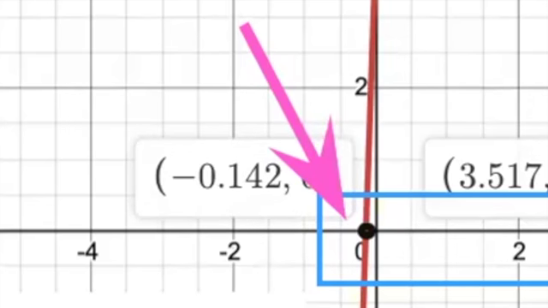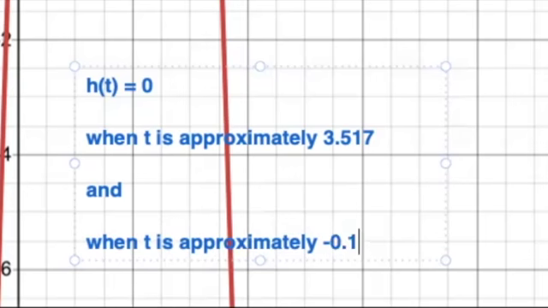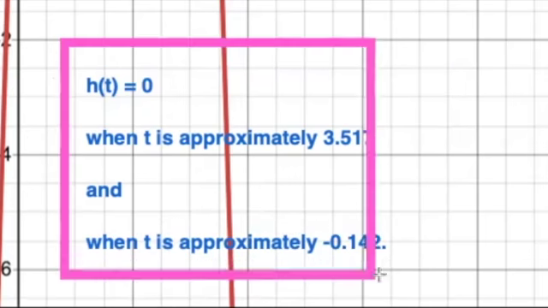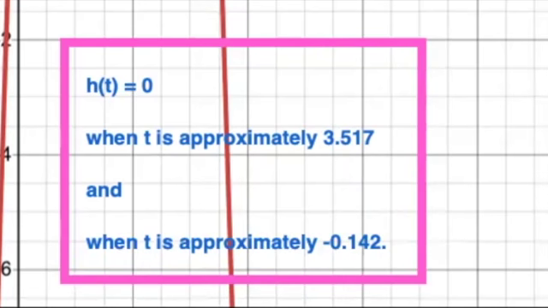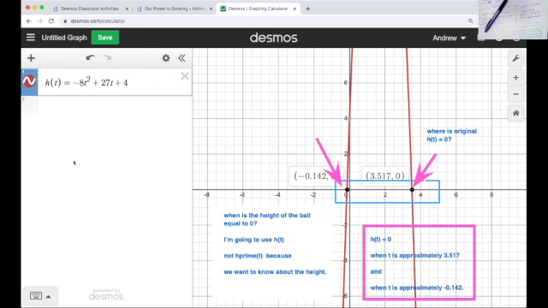So h of t equals 0 when t is approximately 3.517 and when t is approximately negative 0.142. And I'm solving that by seeing where the curve crosses the x-axis.